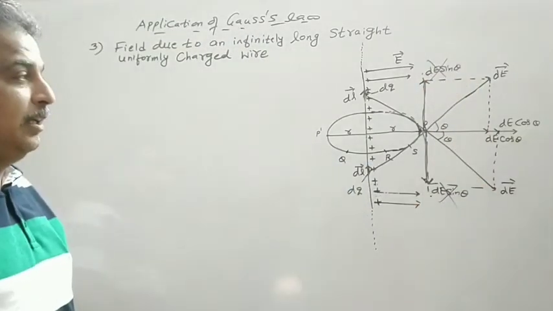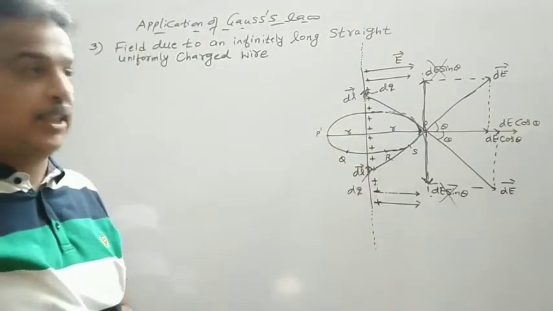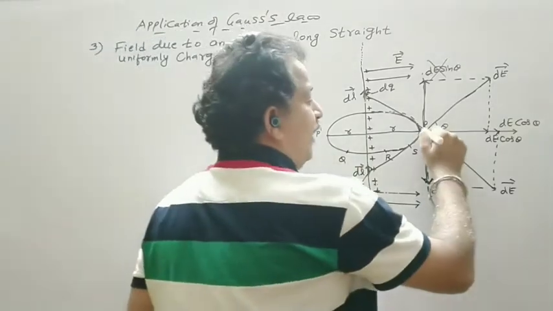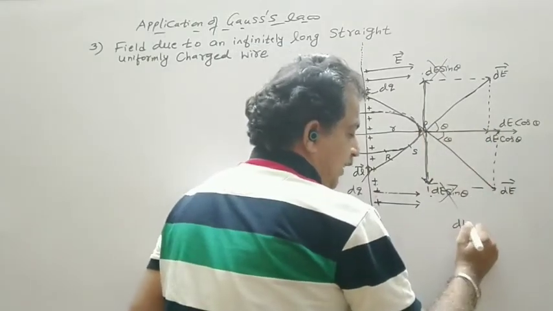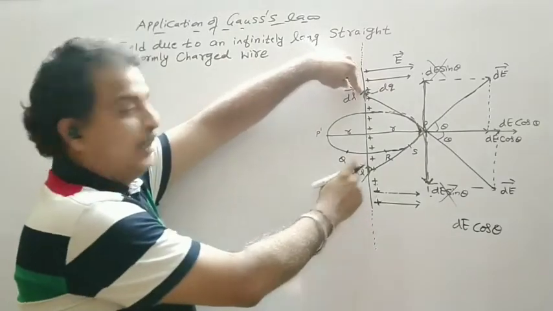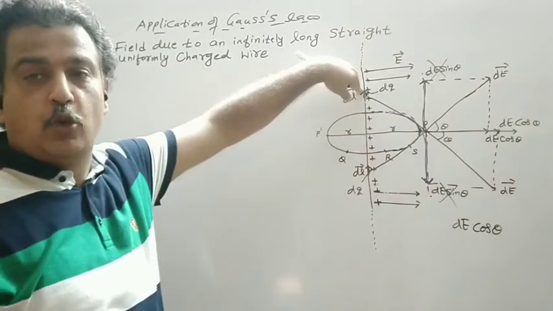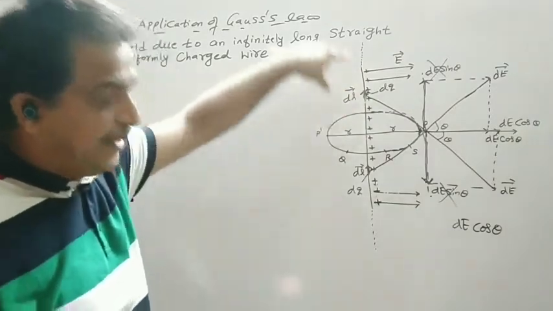Or we say the component which is parallel to the wire cancels each other, and now the resultant will be dE cos theta. And if I have only two elements, it will be dE cos theta plus dE cos theta. That will be 2 times dE cos theta. But we have infinite elements.